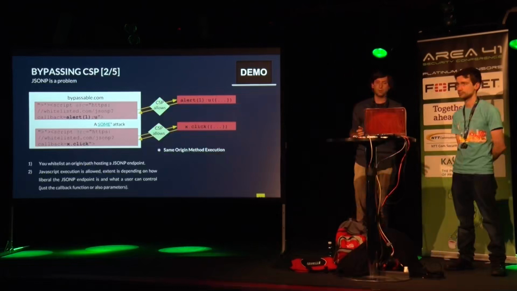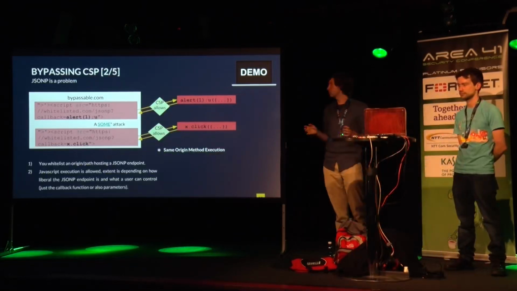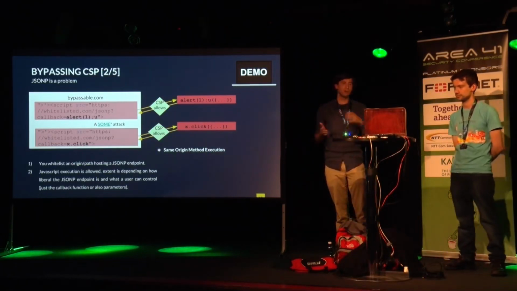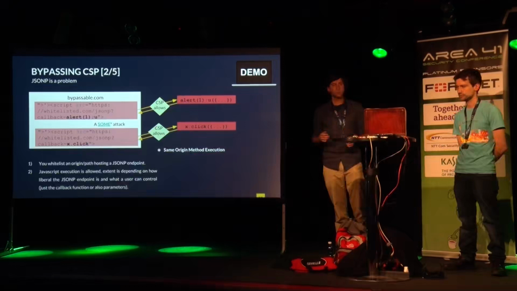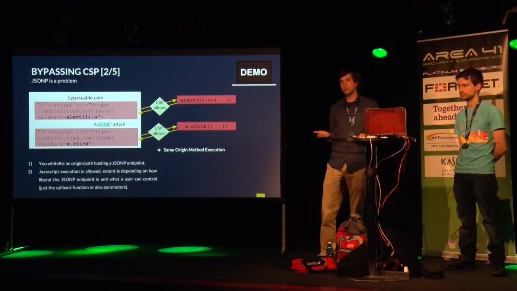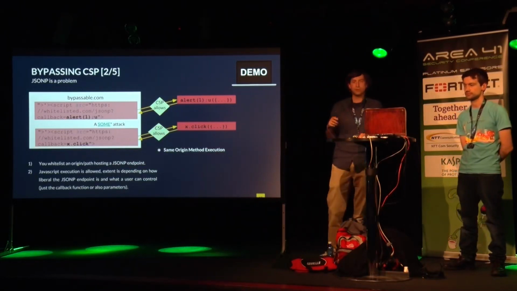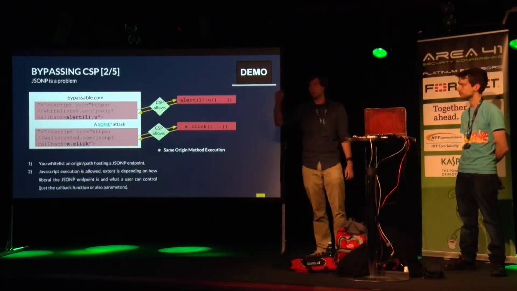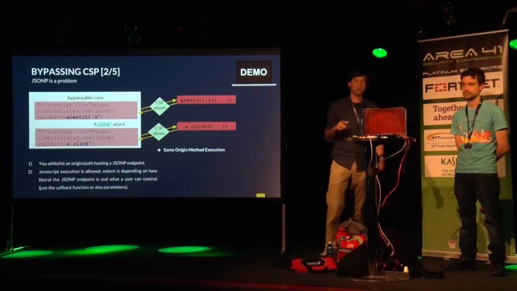Sometimes JSONP endpoints are somehow restricted because it's not so great if you can fully control the character set. So they sometimes just allow you alphanumerics and dots. Makes it harder, but there's a very interesting paper on SOME, which means same origin method execution. You basically can use a couple of these to simulate certain clicks on a page.